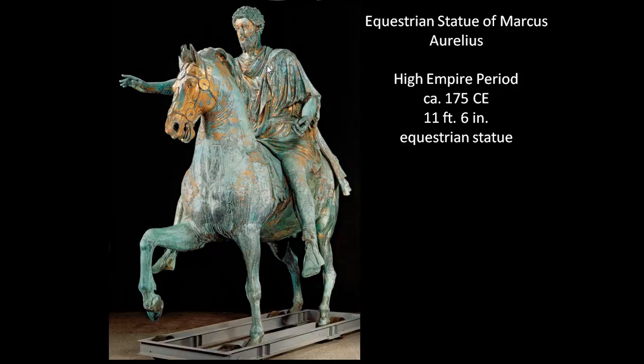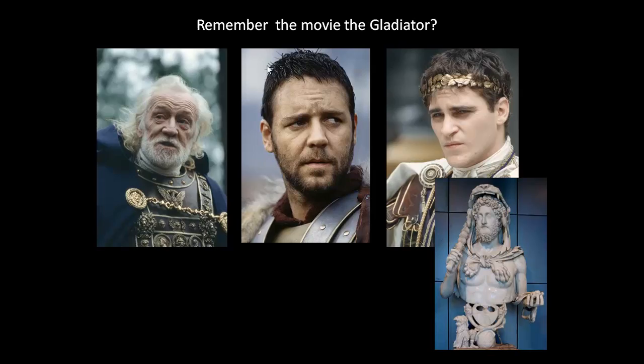Remember the movie The Gladiator? I just want to point this out to give you some insight into the political transitions that are happening at this moment in the Roman Empire. So the beginning of the movie, that old guy, that was Marcus Aurelius. And Marcus Aurelius' son was Commodus, the bad guy.